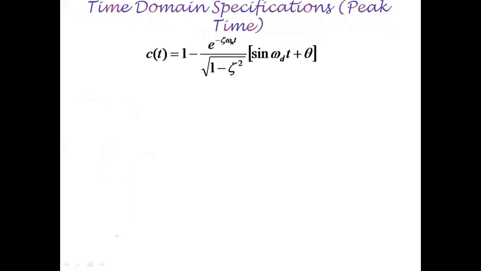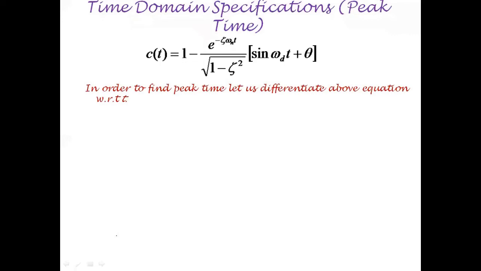Moving on to the next time domain specification, we are going to derive for the peak time. I have written the response once again, and in order to find the peak time, let us differentiate the above equation. As we know that exactly at Tp, the slope will be equal to 0. Hence, d by dt of C of Tp will be equal to 0.